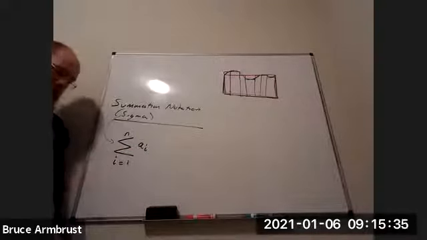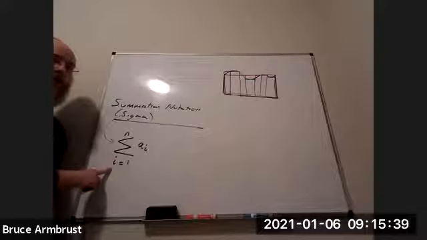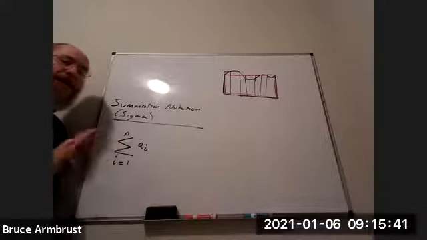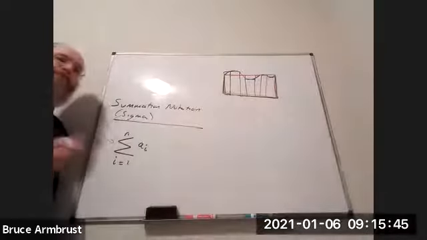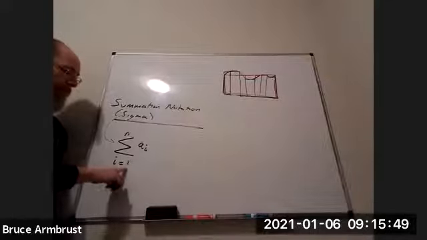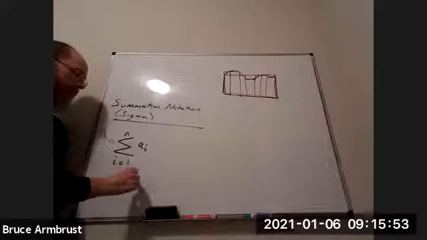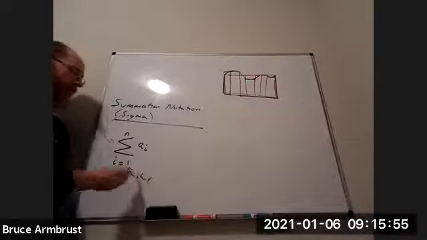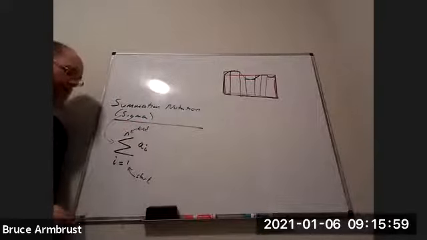The i down here, this is called the index. That's often why we use the letter i for it. It's not the square root of -1. Okay, it's not the complex i. It's just a counter. And this tells us where we start and where we end. All right. So in this case, we would start with i equal 1. We end with i equal n.